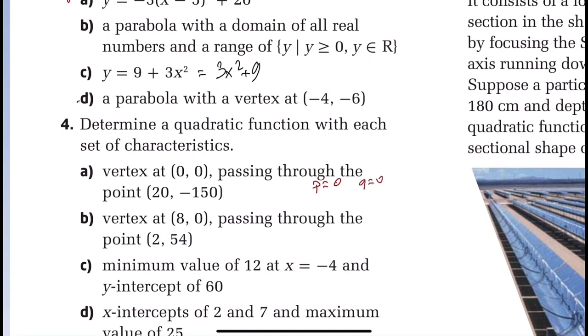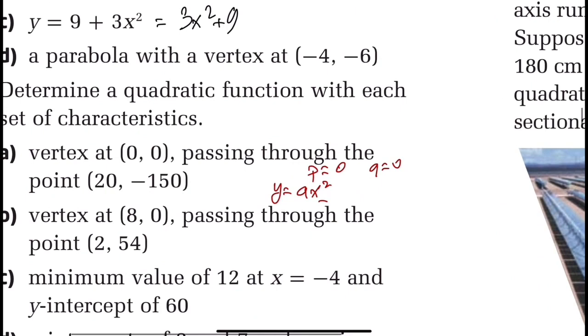That means my equation will be y equals a times x squared, because my P is 0 and my Q is 0. So from here I can find a by replacing x by this value and y by this value.